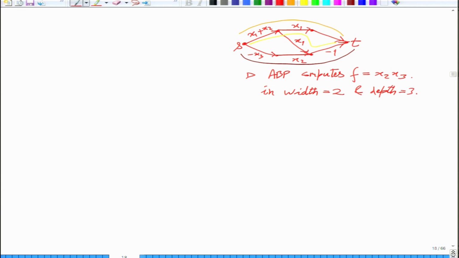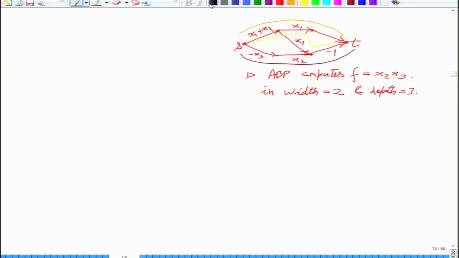Now this pictorial representation is fine, but to analyze it we also need a more algebraic representation, and ABP has that. For circuits we don't have an alternative representation, but for ABP we actually do. Can you see that this ABP is also a circuit?